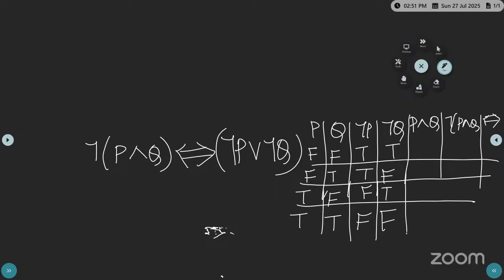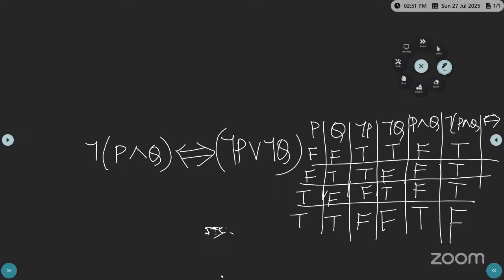Next, what should you do? You have to find P and Q. So false and false is false. False and true is false. True and false is false and this is true. Right? Next you are finding negation of P and Q. So this will become true, true, true and false. Then you are having this one with this. So what do you mean by implication?